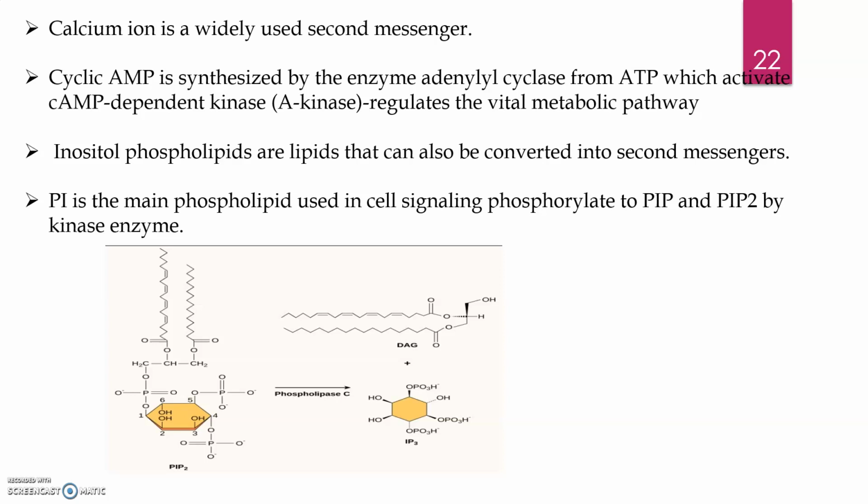And hence this is the introduction to inter and intracellular signaling pathways.